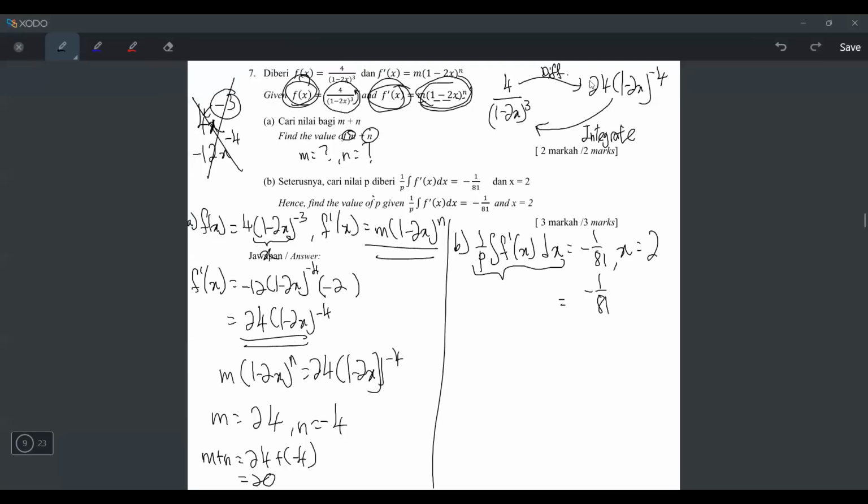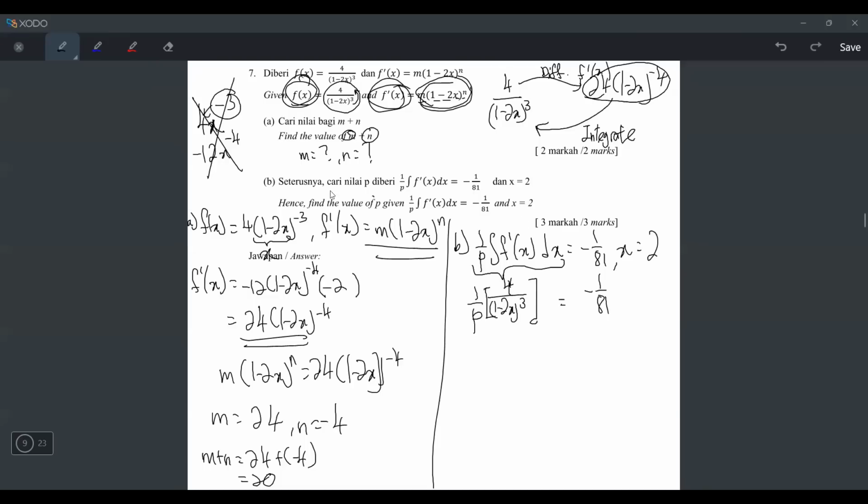So if I integrate 24(1 minus 2x) power -4, I will end up back here. So what is integrate f prime x? This is f prime x, right? So I will end up with this one. It means it will be 1 over p bracket 4 over 1 minus 2x power 3. Okay, that's what it means.